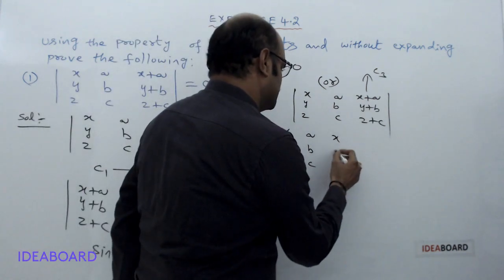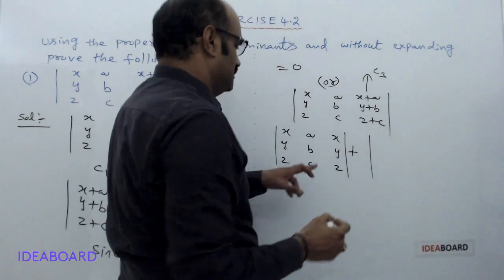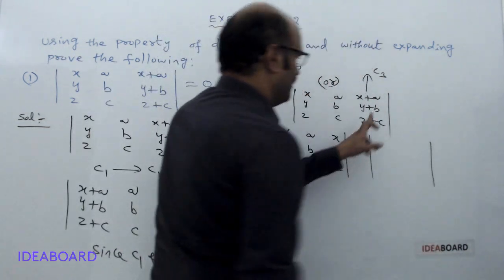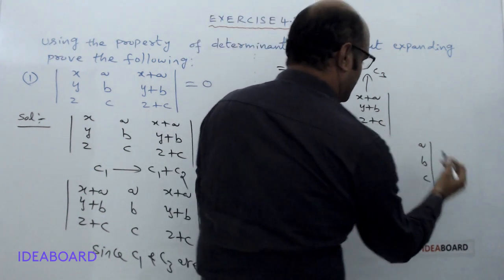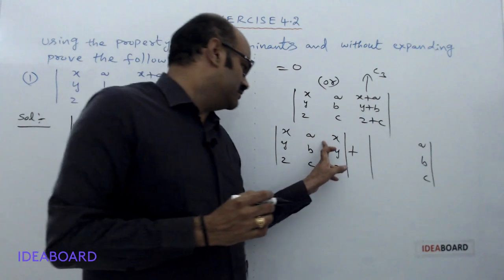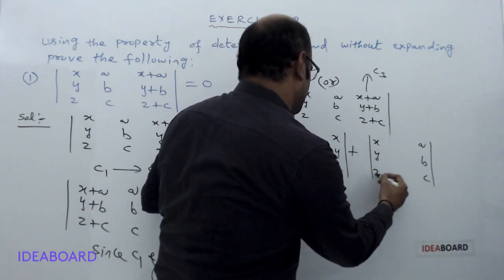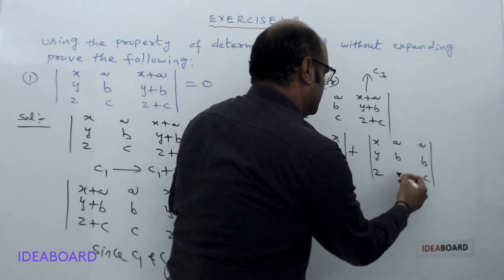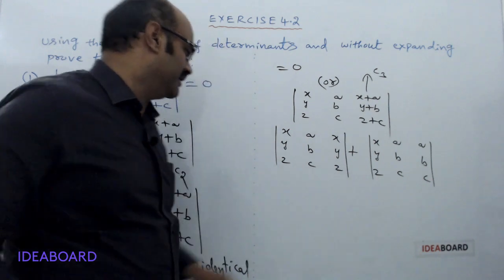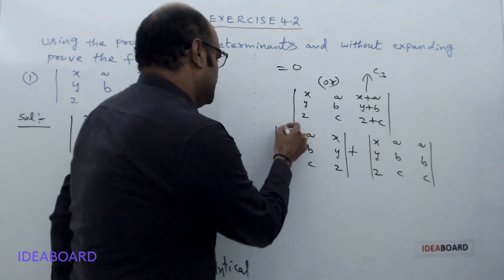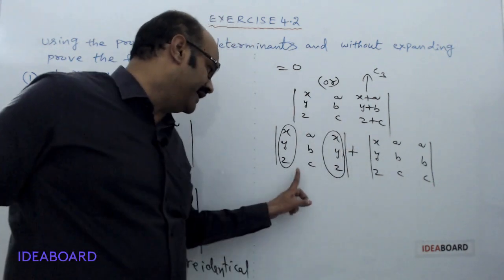Now here x, y, z, plus, and in column 3 we are having a, b, c. So let me write here a, b, c. Then these elements are the same in column 1, so we take x, y, z, a, b, c. In the first determinant, c1 and c3 are identical.